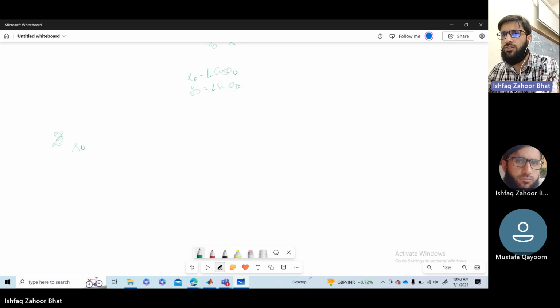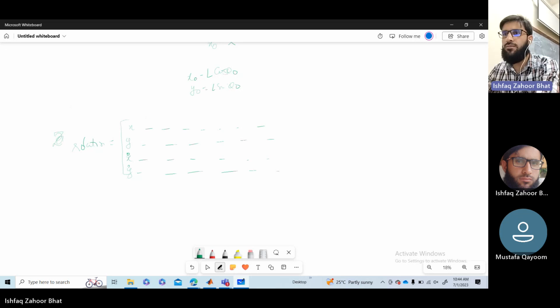Okay. So we have the solution. Basically the solution will be like this: there will be some X value, some Y value, some X dot value, and some Y dot value.